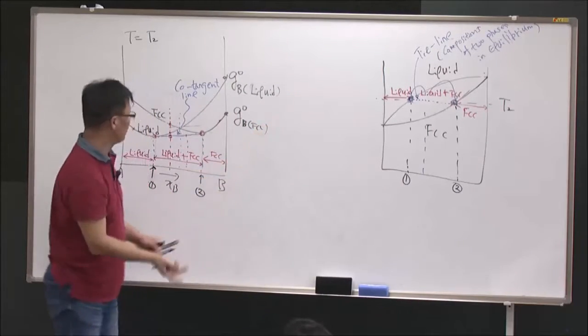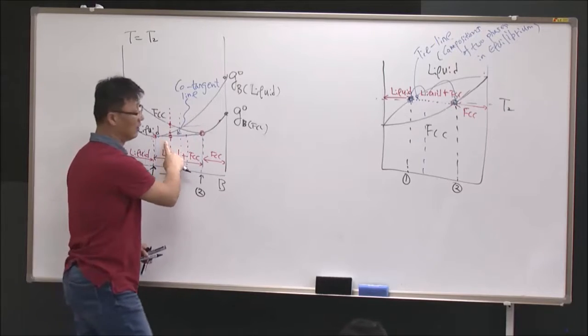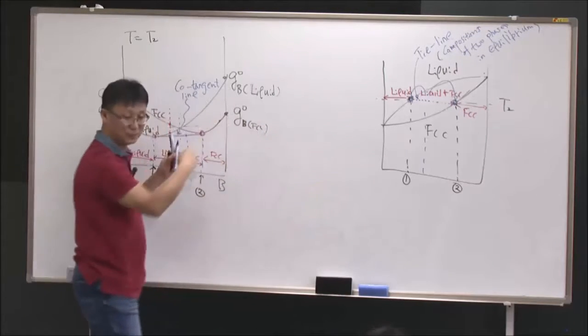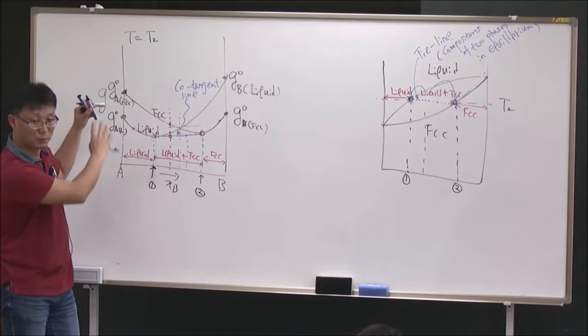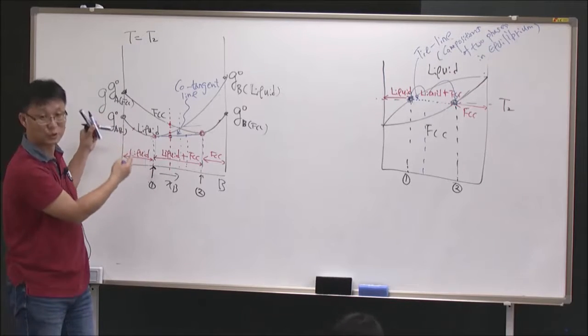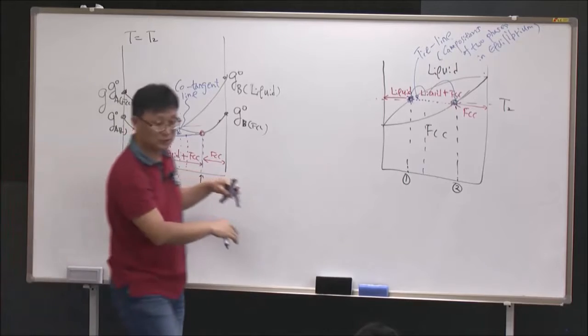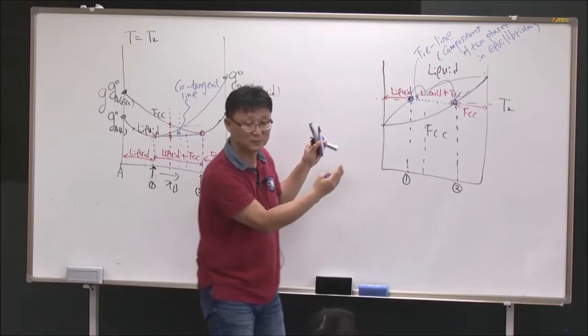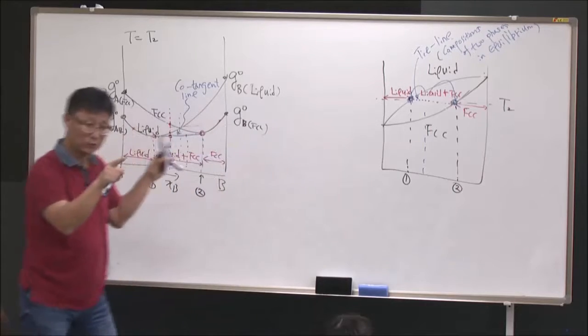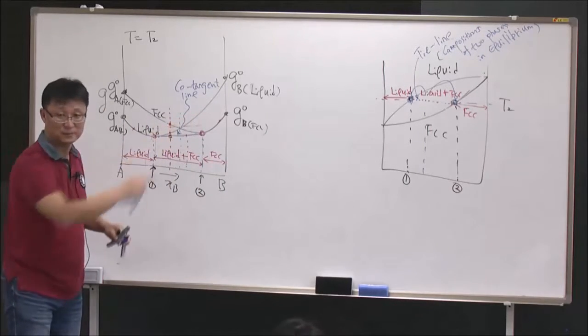Some people say even this is a tie line, that's the cotangent line. It's the same. From the Gibbs point of view, we say it's a cotangent line. From the phase diagram point of view, we say it's a tie line. But the idea is the same, and its origin is basically the same.